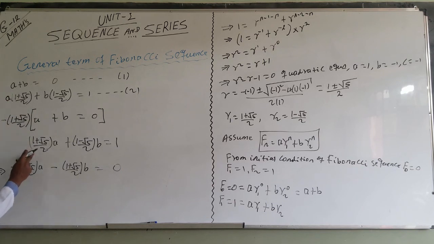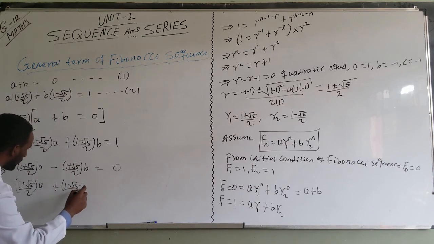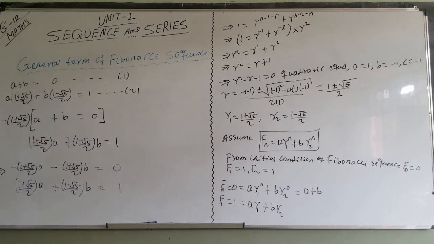And the second equation is as it is: (1 plus square root of 5) over 2 A plus (1 minus square root of 5) over 2 B is equal to 1. Then when we add these two equations, A is eliminated.